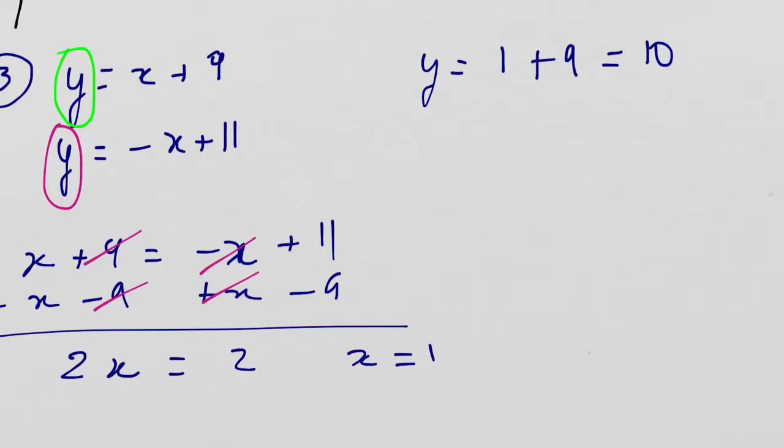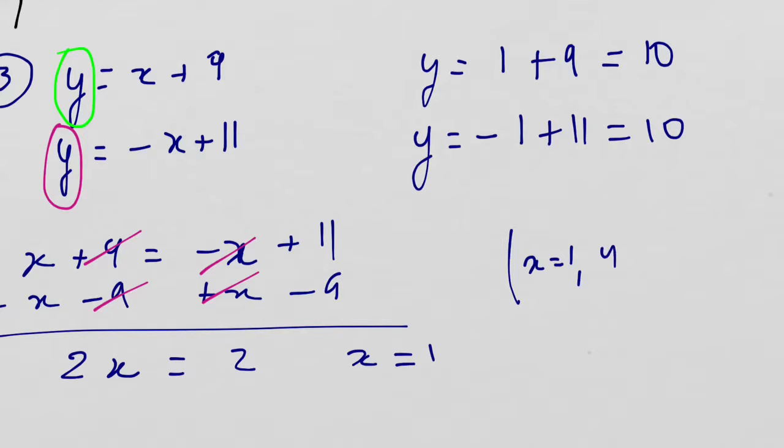But if I decide to use the other equation, y equals negative 1 plus 11, and obviously I find exactly the same value of y. And so the solution for the system of equations is x equals 1, y equals 10.